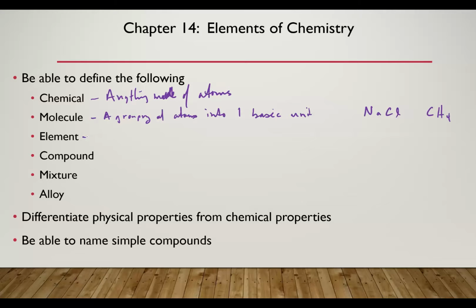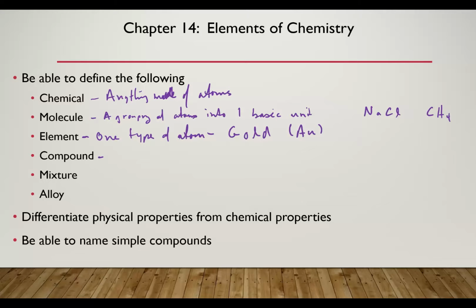Element means I have a substance made of one type of atom. An example might be gold, G-O, or helium. One type of atom if you have pure gold. A compound is when you have a substance that's made of more than one kind of atom.